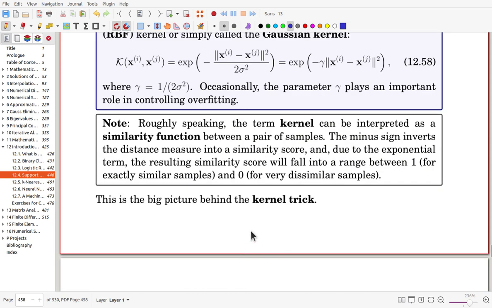Okay, so that is the idea of the kernel trick. Rather than explicit expansion, we try to approximate or find a good, meaningful representation of the phi xi, phi xj dot product.